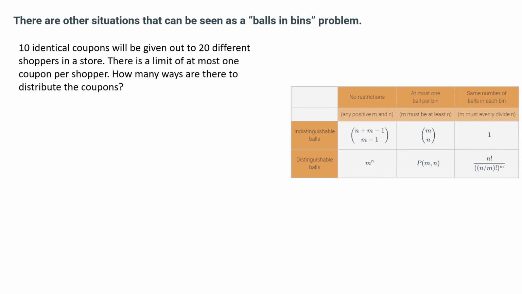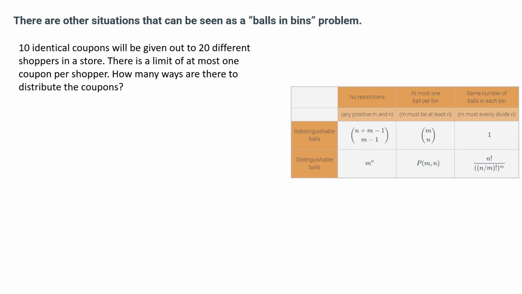And the coupons being the identical balls, because just imagine all those different shoppers waiting around to be handed a coupon. Some get them, some don't, and it says there's a limit of at most 1 coupon per customer.